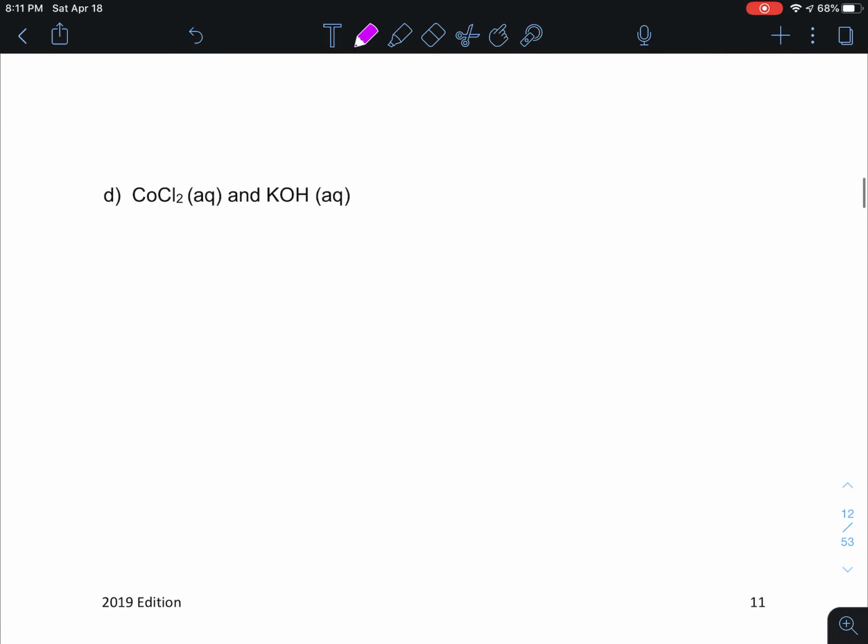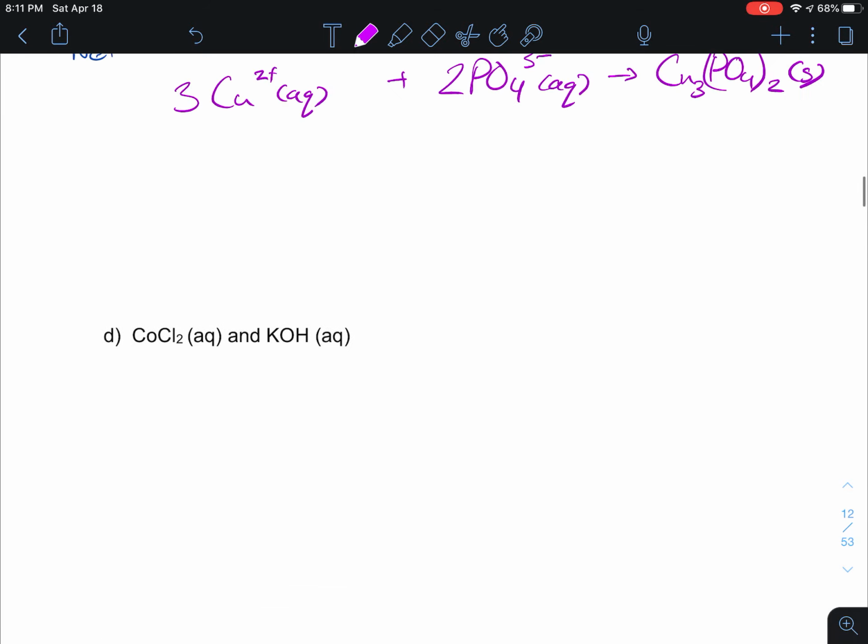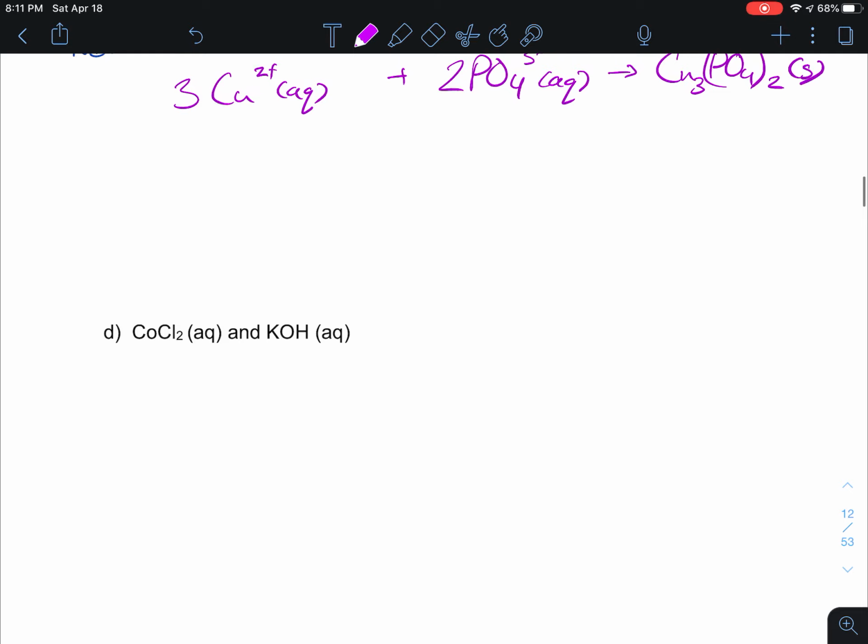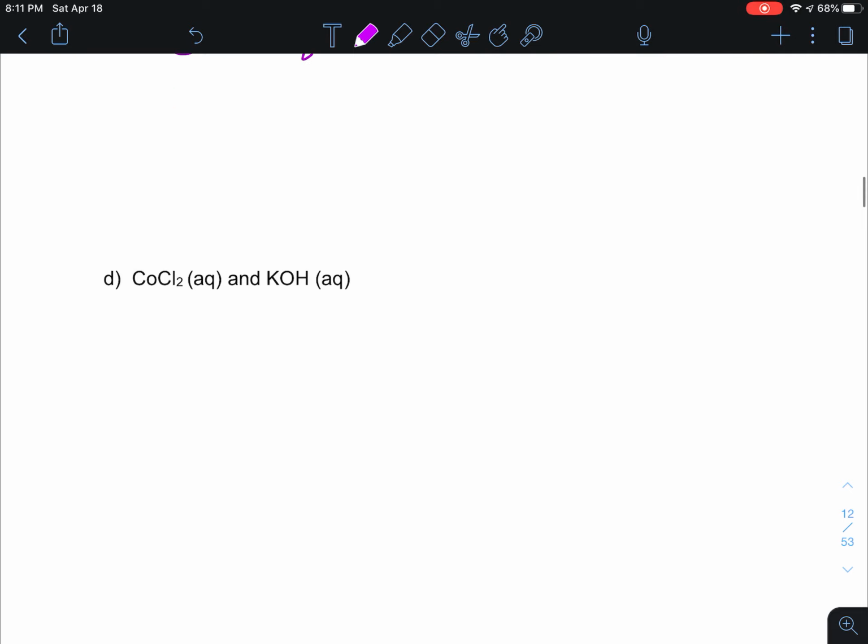Okay. So let's try this very last one. We've got a cobalt chloride mixed with a potassium hydroxide. So that means that we are mixing cobalt chloride aqueous plus a potassium hydroxide aqueous.